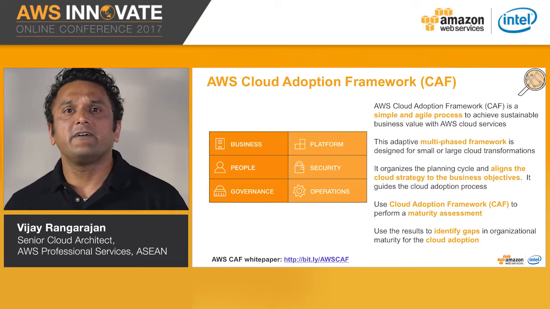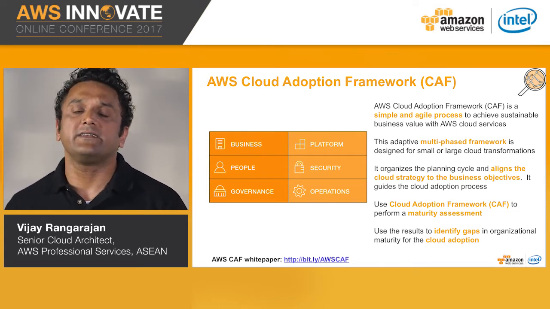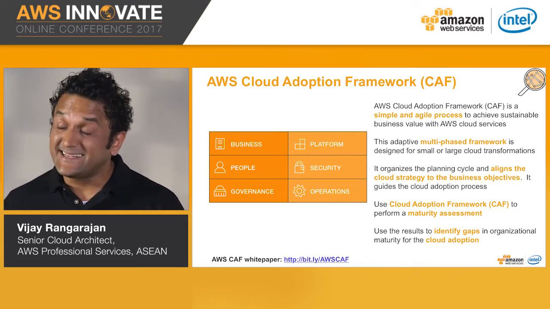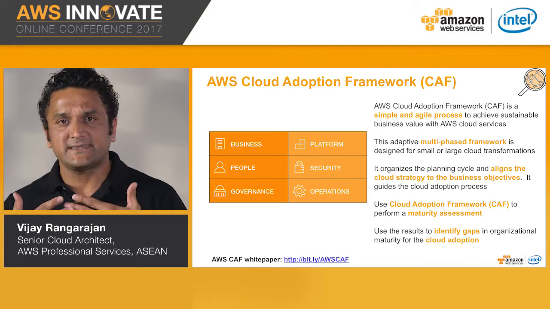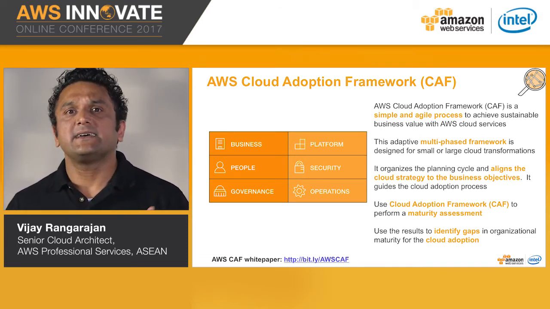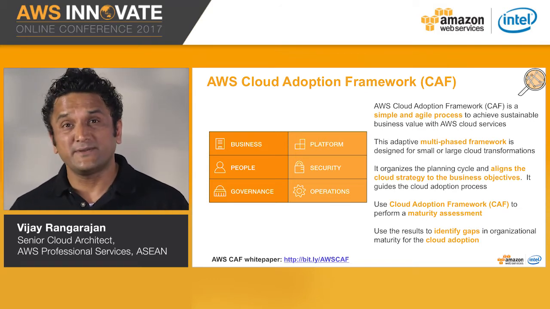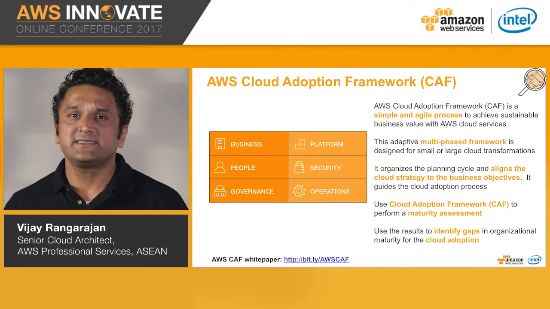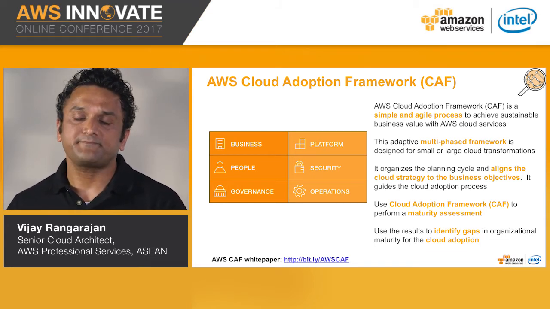Transformation by way of cloud adoption will require maturity across a spectrum of areas beyond technology. And this is where CAF plays an important role. The AWS CAF is a simple and agile process to achieve sustainable business value with AWS Cloud Services.